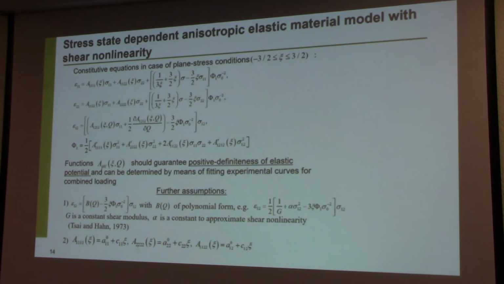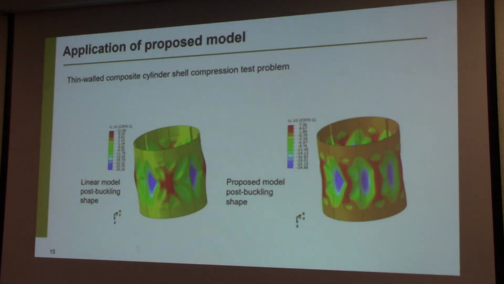So the problem is to determine parameters that are not arbitrary, since we have to guarantee positive definiteness of elastic potential. And these are some further assumptions, linear form of these functions, and some assumptions for nonlinear shear.